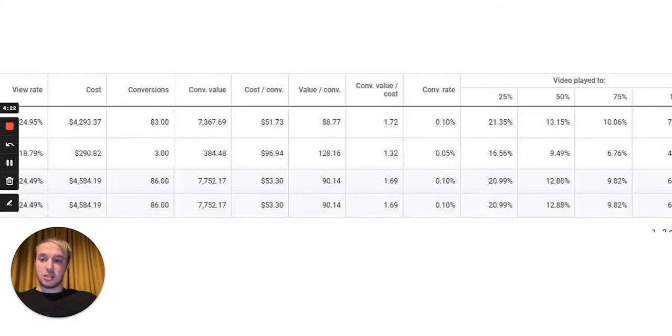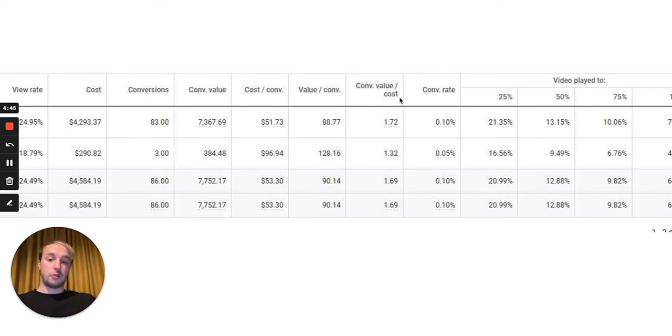So over here you can see some of the results. For example, view rate here was 24.9% for this case, cost $4,200, and conversions 83. So conversion value was 7,367 and cost per conversion was $51.